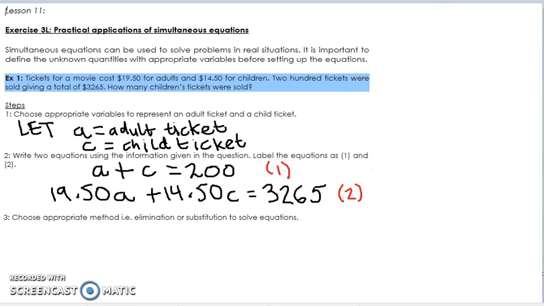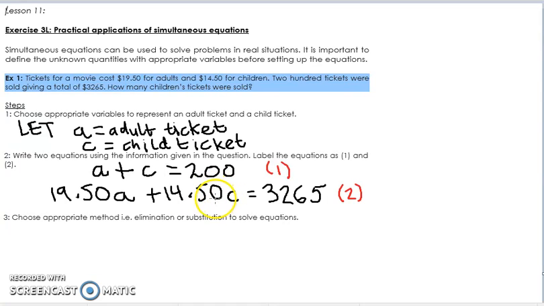Okay, so let's just dissect this one again. We sold a certain amount of adult tickets. We don't know how many we've sold, but we do know that the amount we sold, if we times that by $19.50, and the amount of children tickets that we sold, again, we don't know this, we sold it at a cost of $14.50.